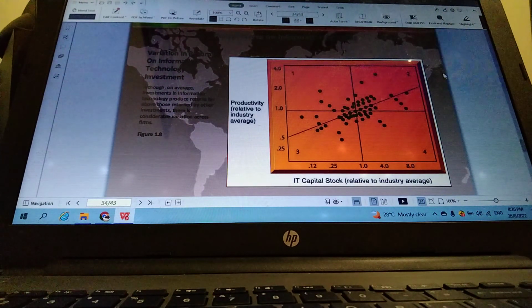Okay, in the next slide, what you have is basically productivity against the IT capital stock. It depends on the industry. Different industry, you might have slightly different variation in return or ROI.